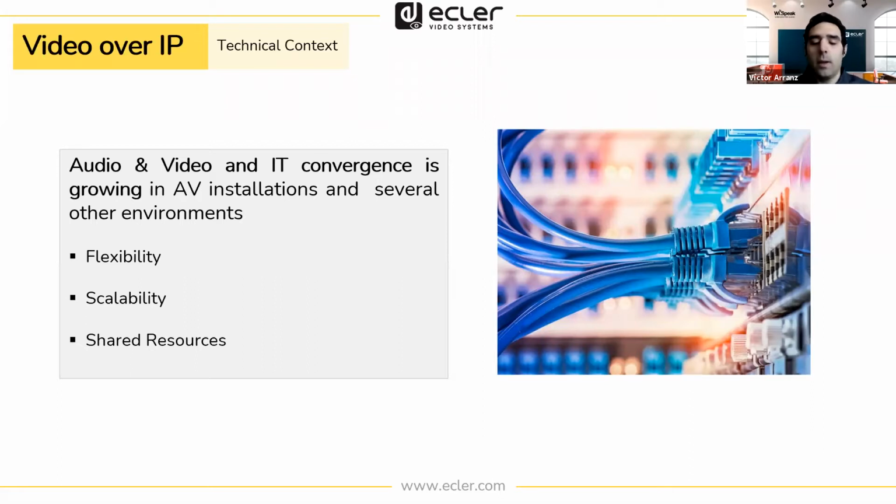Okay, if you have, for example, a device with 4 inputs and 4 outputs, and you need another one, in a traditional kind of situation you will have to buy another device. In that case, you just add another transmitter and receiver. And also, it's a very optimized environment, where you will be sharing especially cabling infrastructure.